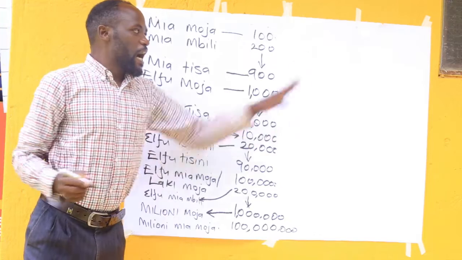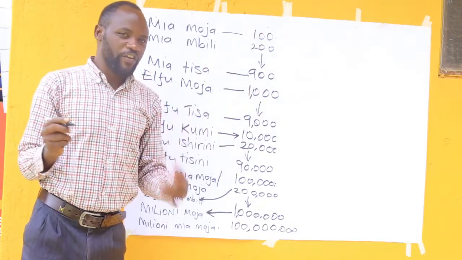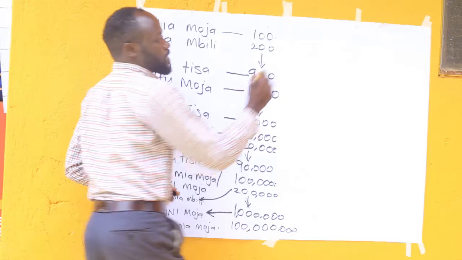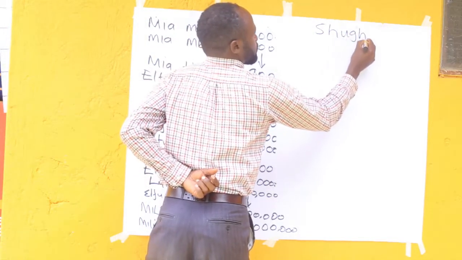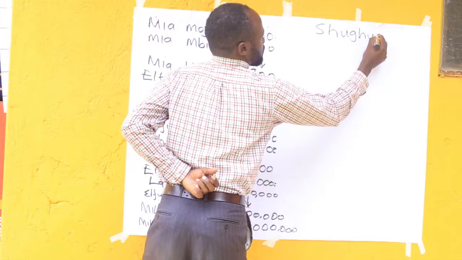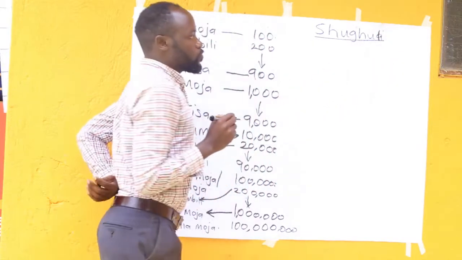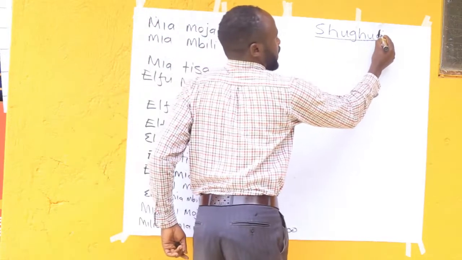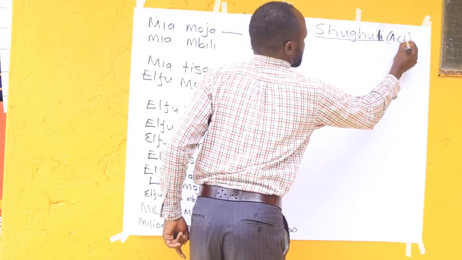So, I have this work. I want you to see how we can have figures written in words. For example, shughuli. The word shughuli means activity.